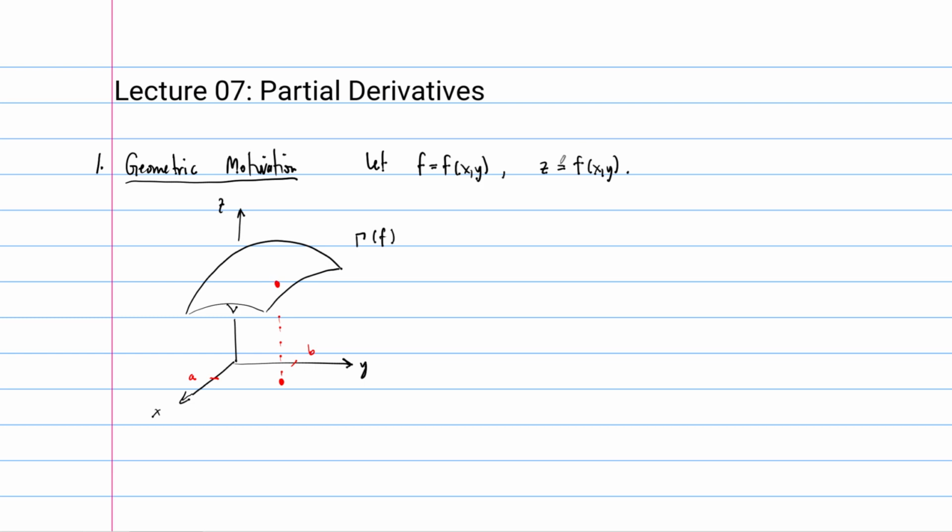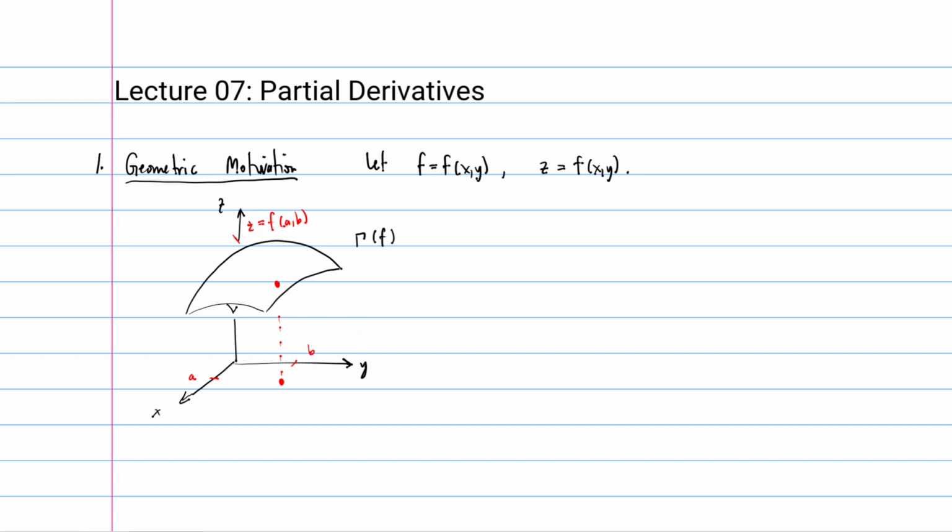But the output of the function assigns a height to this point. Maybe the height is right here, and this height is z. This z is equal to f of (a, b). So that's the output of the function. For every point in the domain, the function assigns a height, and so the graph looks like a surface like this.